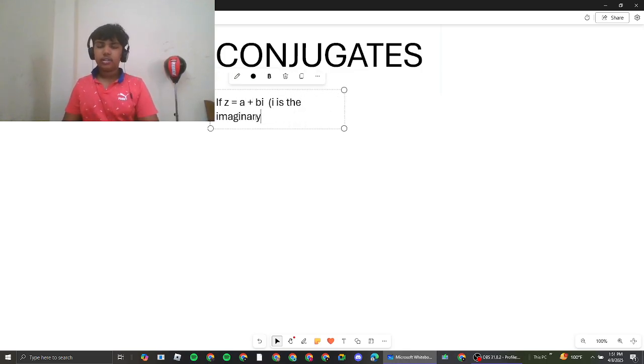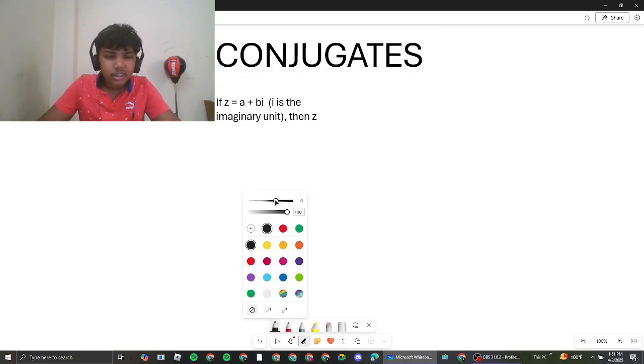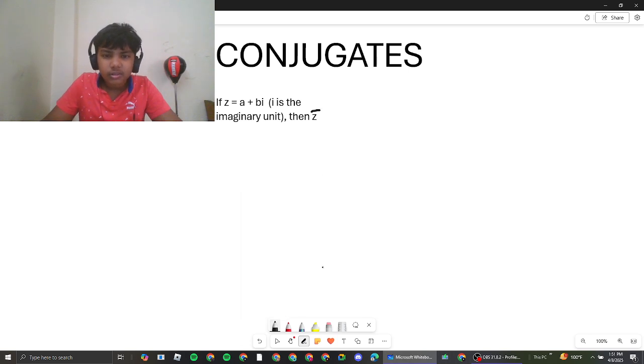Imaginary units. Then the conjugate. There's a trick here: if you want to find the conjugate, you have to make a line on top.